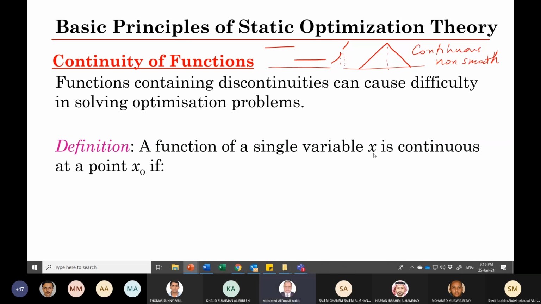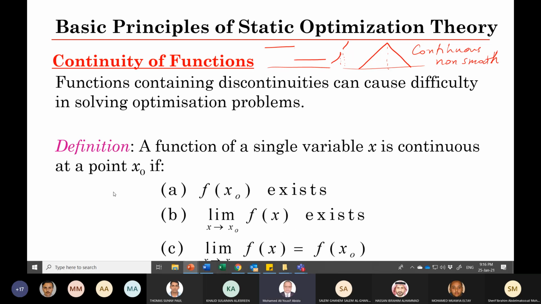A function of a single variable x is continuous at a point x0 if the value of the function exists at x0 and the limit exists from both sides. The limit of f of x exists, and whether you approach x0 from the negative or the positive side, you have the same value.